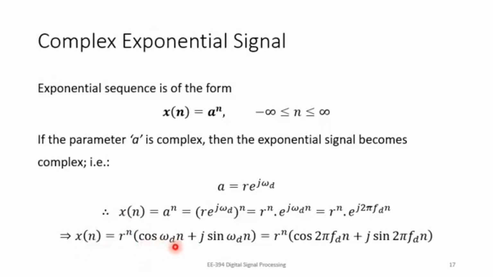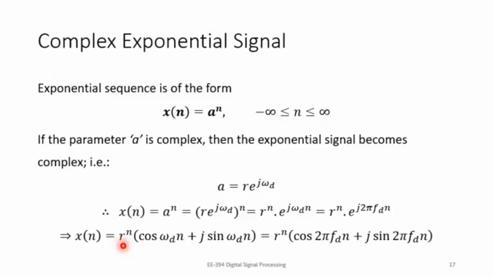Regardless of the oscillations coming from cosine and sine, this r raised to power n decides whether these oscillations will die out, or will remain the same, or will just go unstable and expand. So that depends on the value of r.